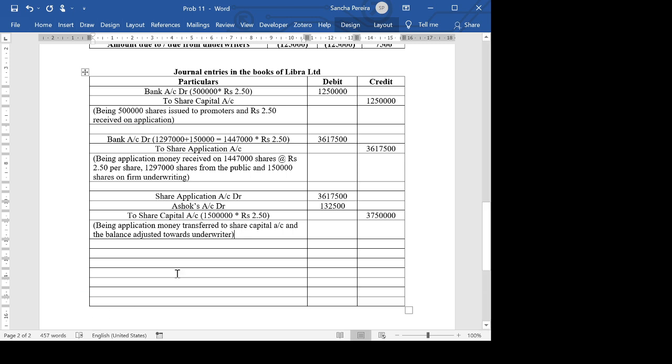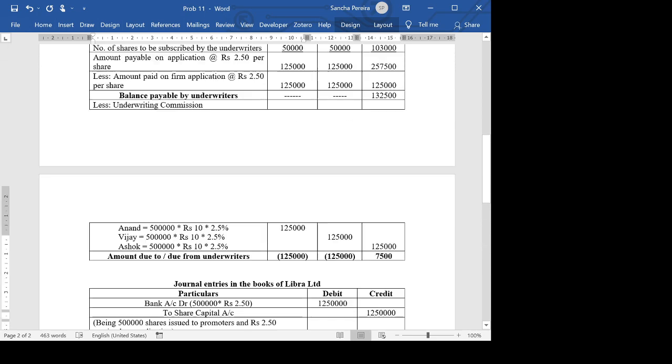Okay. Next is the underwriting commission that needs to be recorded. Underwriting commission account debit to all the underwriters: Anand, Vijay, and Ashok.